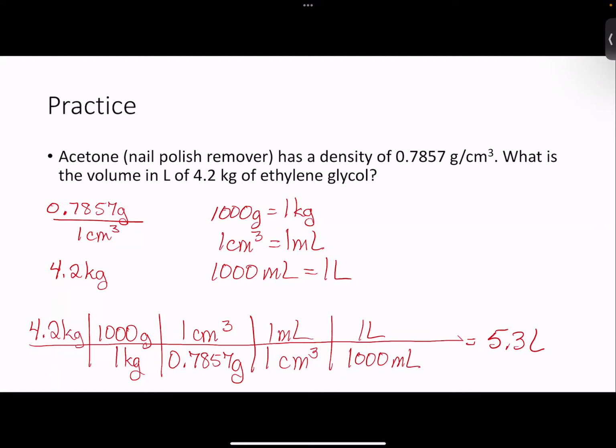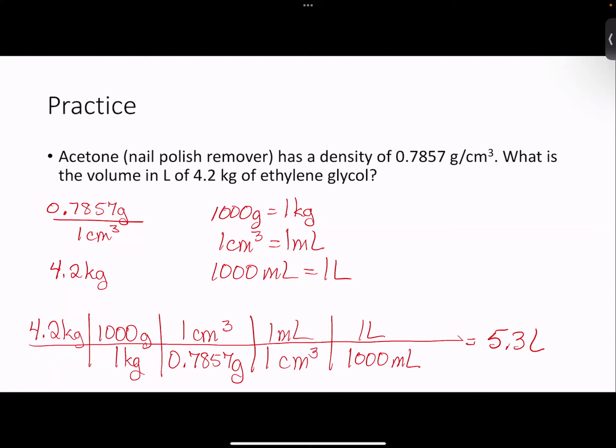Now, density. I'm able to use it because I do have grams, but in order to use it, I've got to flip it upside down. So that the grams wind up in the denominator and the centimeter cubed in the numerator. That had to occur in order for the grams to cancel.